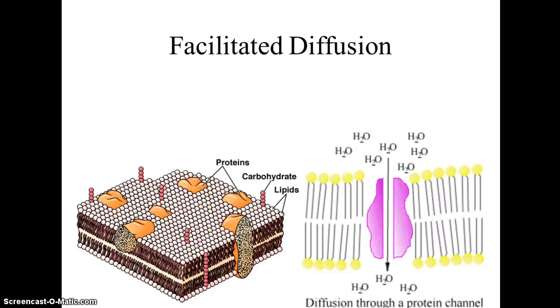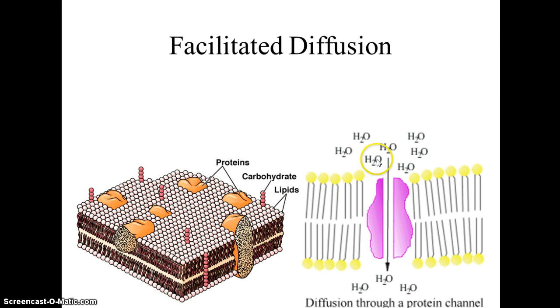There's another kind of passive transport called facilitated diffusion. And it's the same kind of concept, does not require additional energy input, but it uses proteins. So here you see this great big purple structure sitting in the middle of the cell membrane, and that's a protein that basically works like a channel.